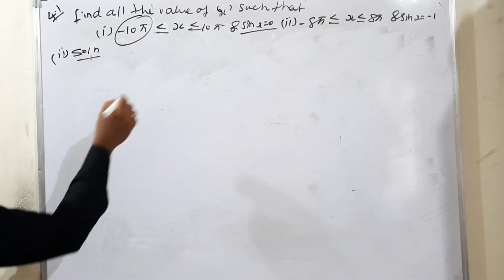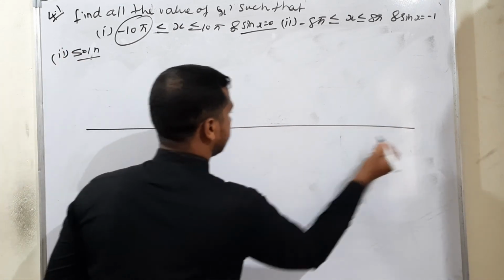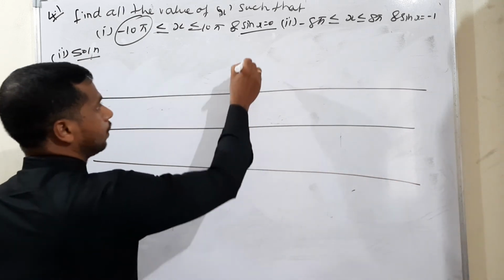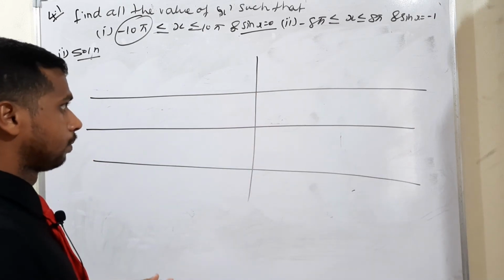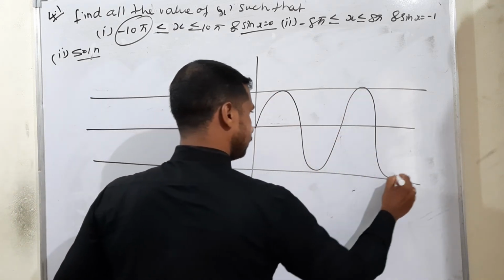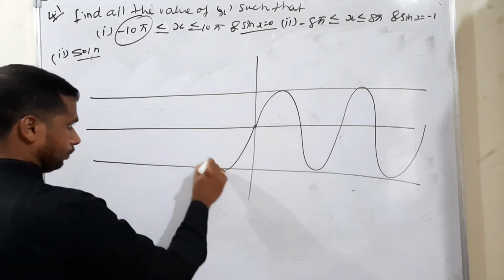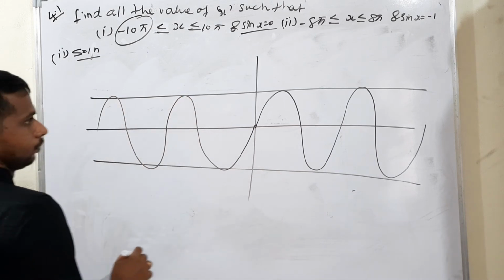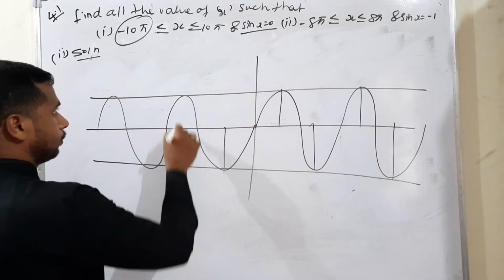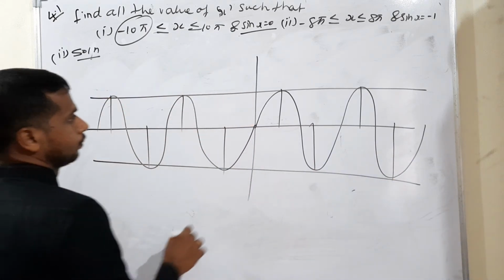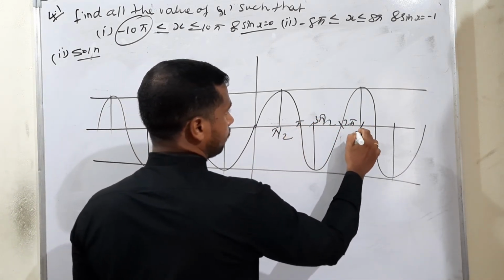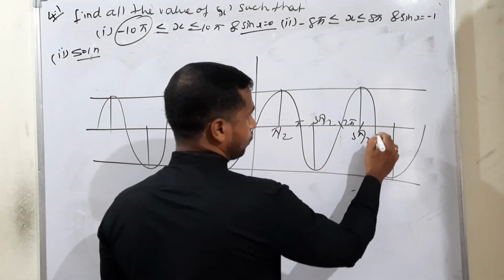So for the subdivision 2 question, again we need the sine graph. Pi by 2, pi, 3 pi by 2, 2 pi, then definitely 5 pi by 2, then 3 pi.